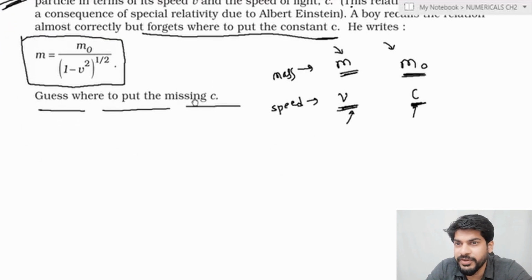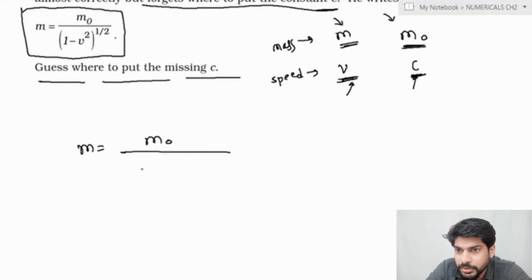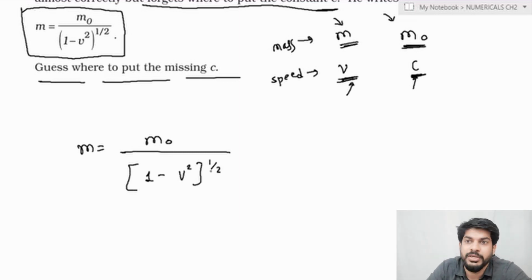It's a very simple question, just a discussion kind of question. The mass is there, m naught upon 1 minus v squared raised to 1/2. Now we have to find out the place for c.